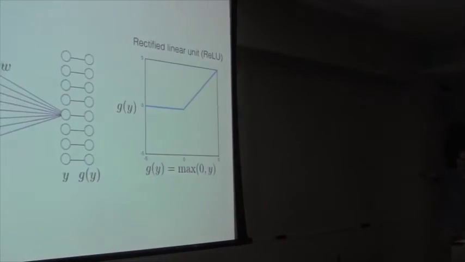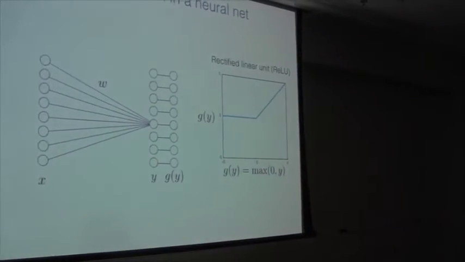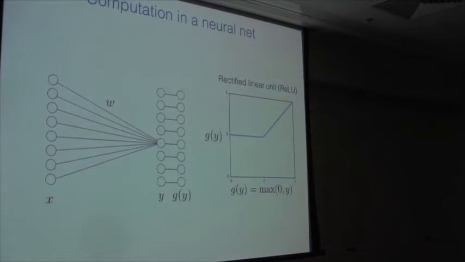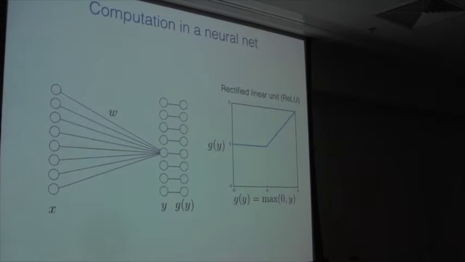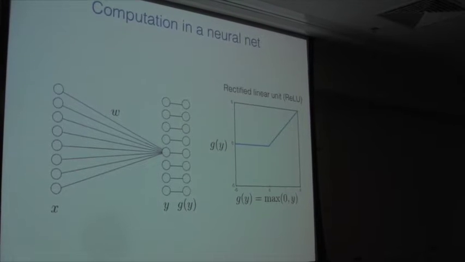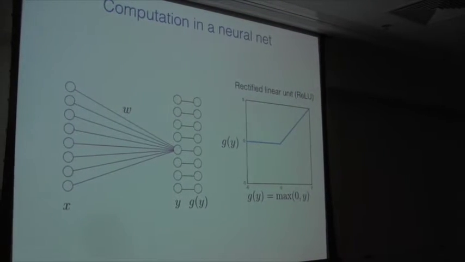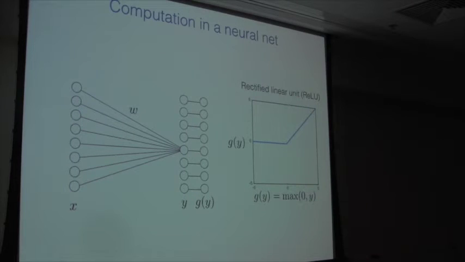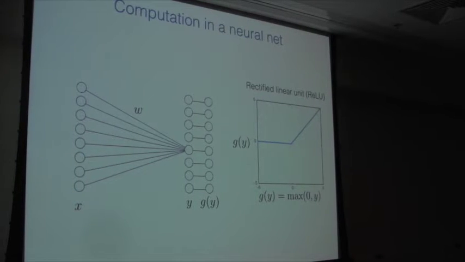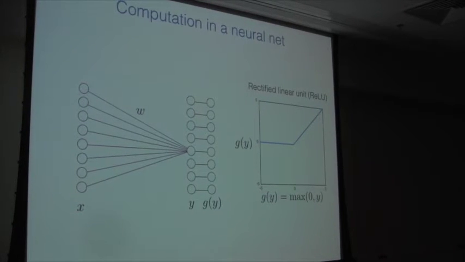What this means is that you take your input x, you do a linear combination to get your next level representation y, and then you pass every single node in that representation through a pointwise nonlinearity. The popular one right now is called a rectified linear unit.